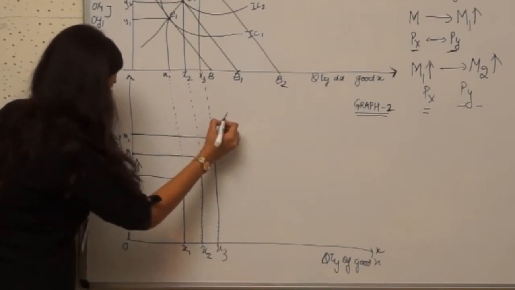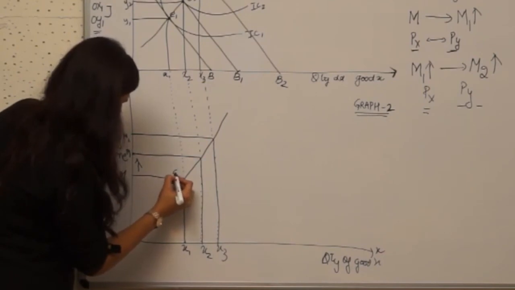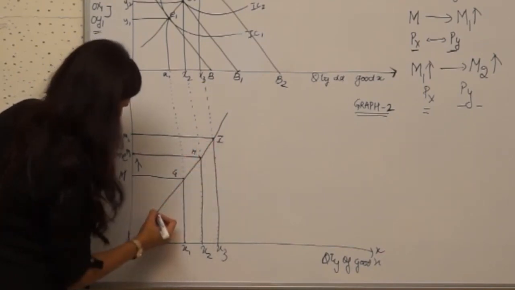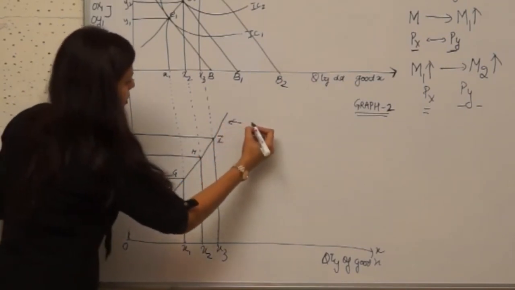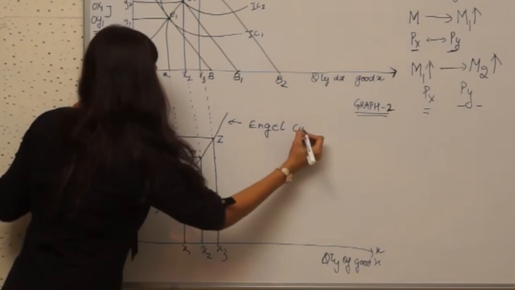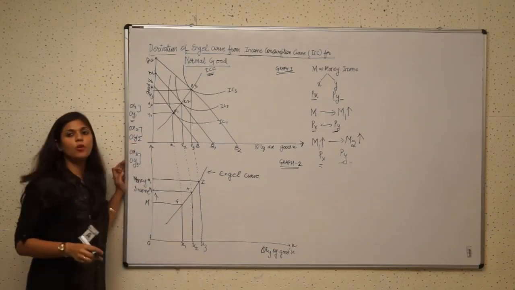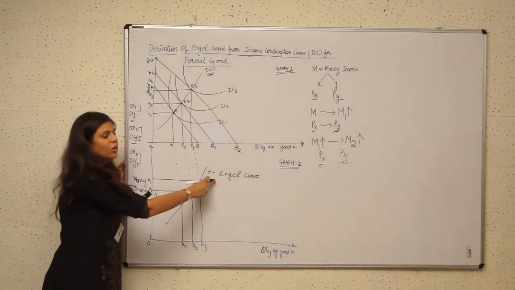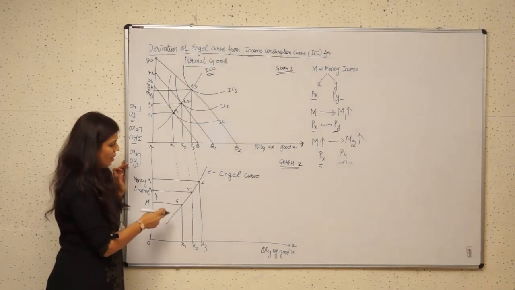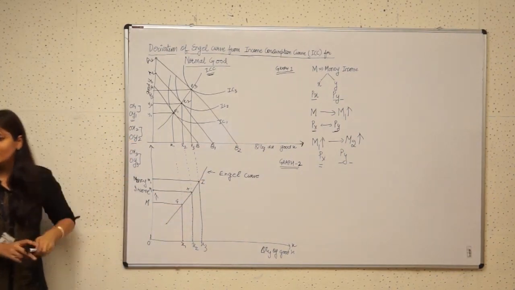By joining these points as G, H and I, we get the Engel curve. So in case of a normal good, the Engel curve is an upward sloping curve, or we can say that it has a positive slope. Thank you.